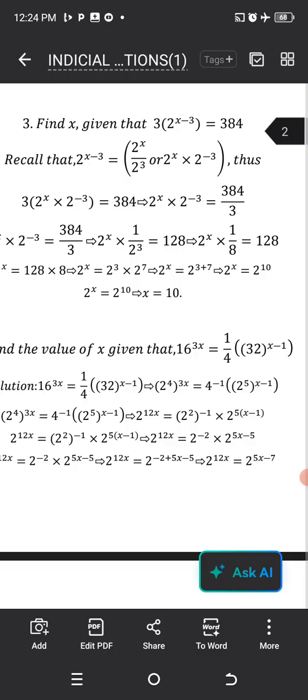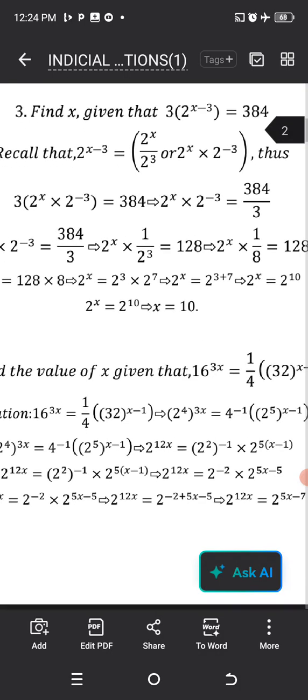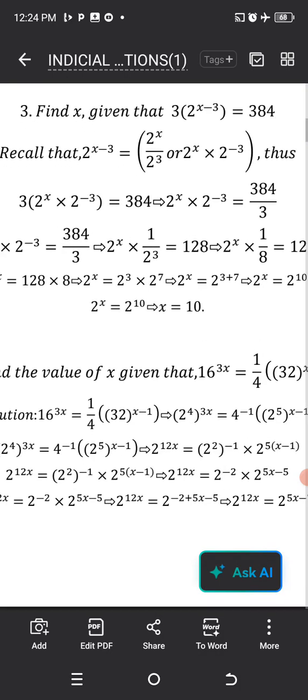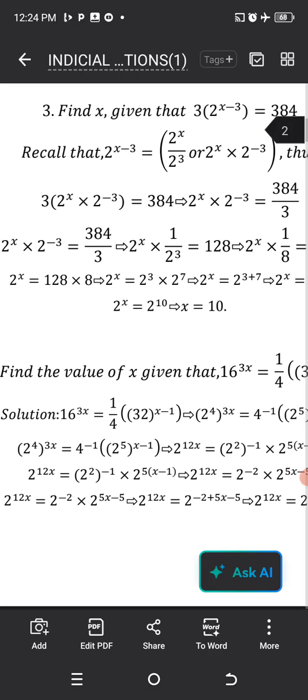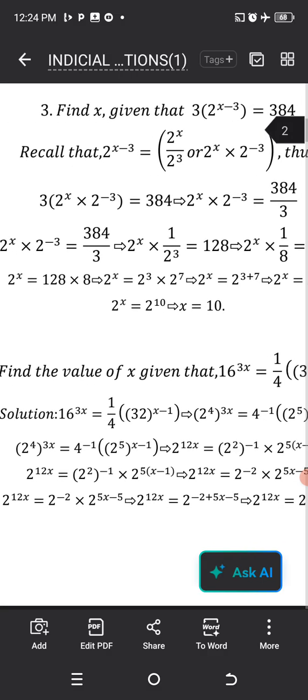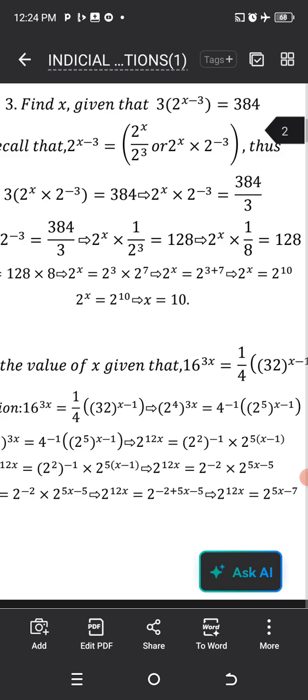Thus, we have in the next line, inside the parentheses, 3 multiplying what is inside the parentheses, that is 2 raised to power x multiplied by 2 raised to power minus 3, is equal to 384.